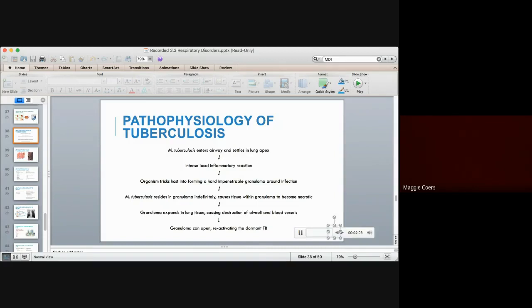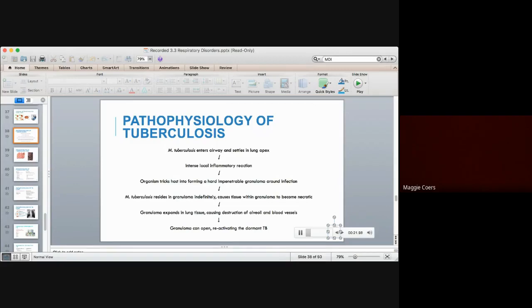The pathophysiology for tuberculosis is really unlike any other infection. The organism that invades the lungs is Mycobacterium tuberculosis. What happens with TB is that when a patient breathes in this organism, it travels into the lungs' apex.